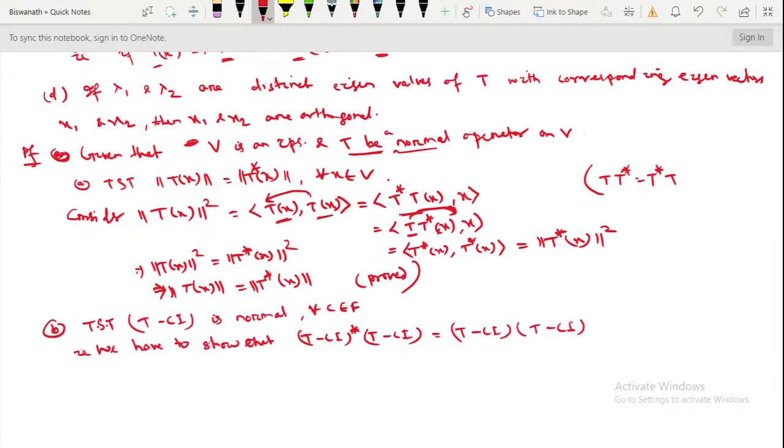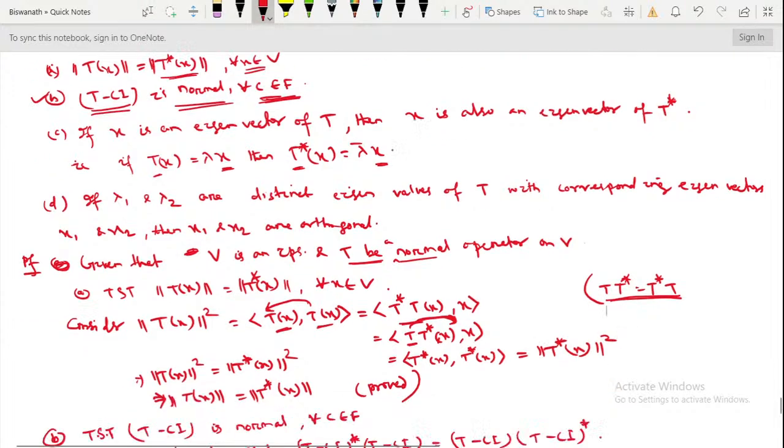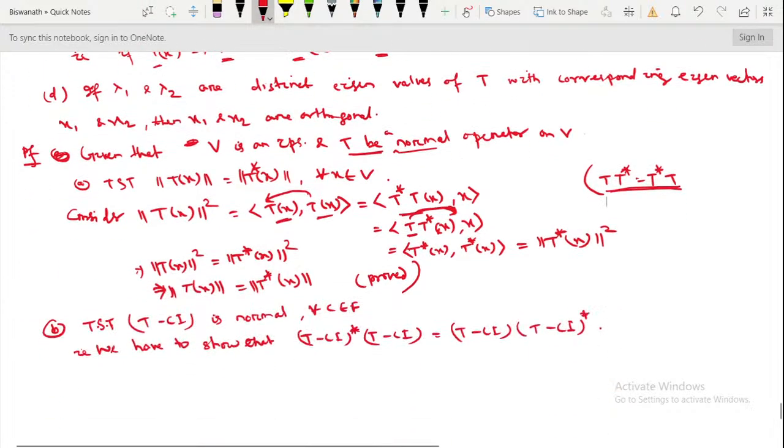That means their products are commutative. This is the definition: if T is normal, then T*T equals TT*. That means the product of T with its adjoint is commutative. So here you have to show that T minus cI with its star, if you take their product, is commutative.